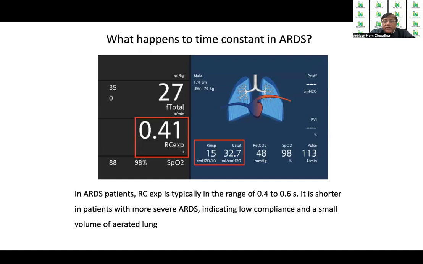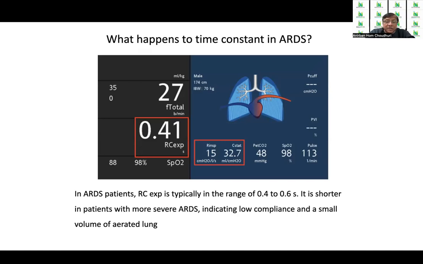Now, what happens to this time constant in ARDS? In ARDS patients, the expiratory time constant typically is in the range of 0.4 to 0.6 seconds. And it is shorter in patients with more severe ARDS, indicating low compliance.